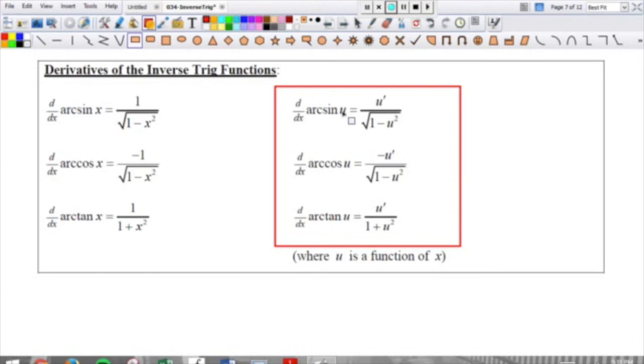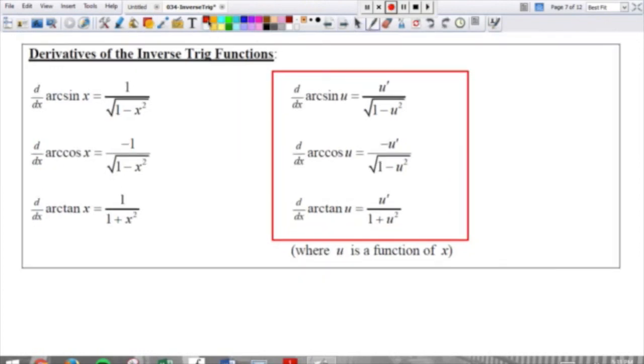Arc sine of u. 1 over the square root of 1 minus u squared. Okay? Just like that. That u matches that u. Just to be crystal clear, those on the top are not the same.